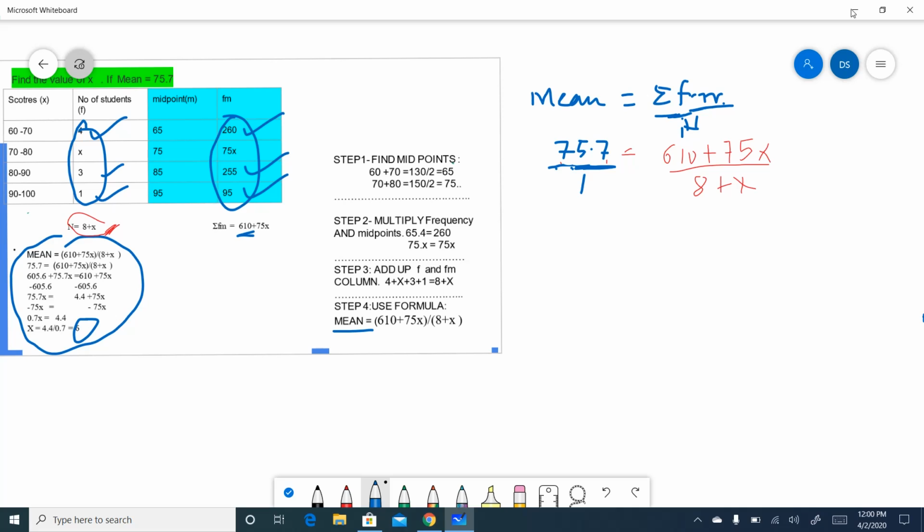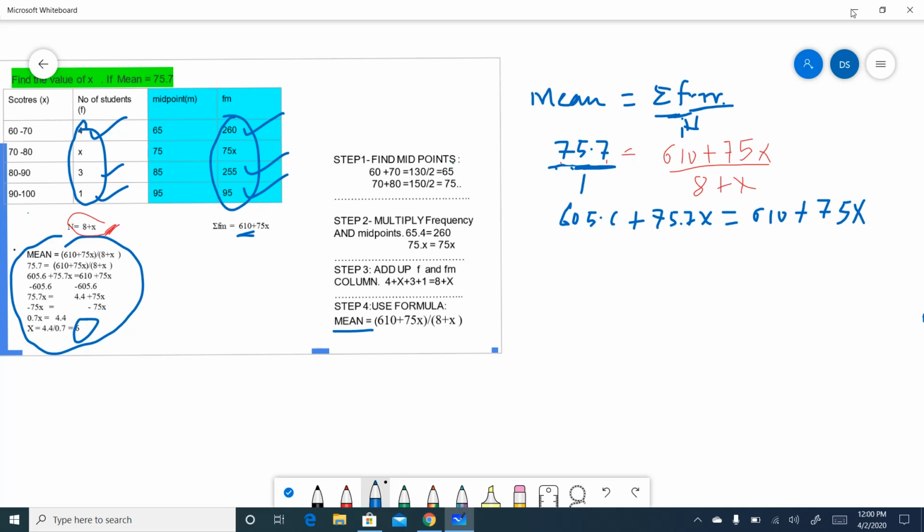Multiply 75.7 times 8, you will get 605.6, and plus 75.7 times x, that is 75.7x, equals 1 times 610, that is 610 plus 75x.